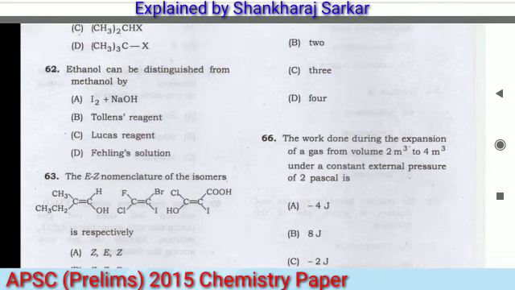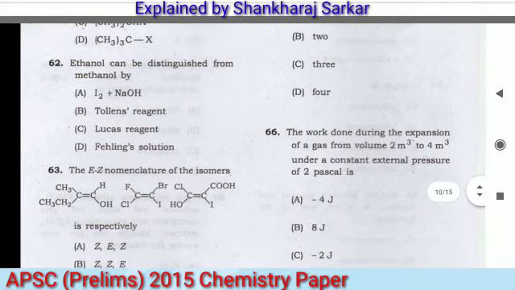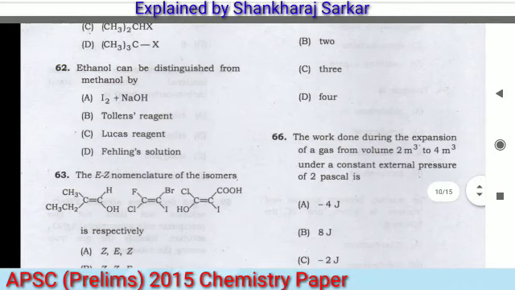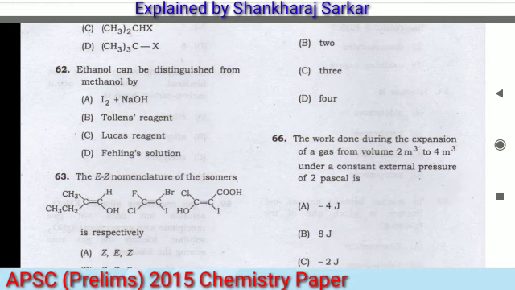Lucas reagent is used to distinguish the type of alcohol. Here ethanol and methanol both are 1 degree, so Lucas reagent will not help. Now option A, iodine plus NaOH. This is the reagent for iodoform test, and here ethanol, since it contains CH3CHOH group, it will undergo iodoform test, and that's why option A is our correct option.